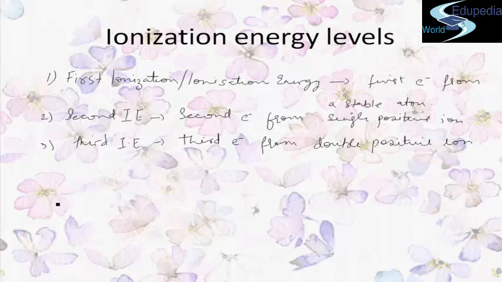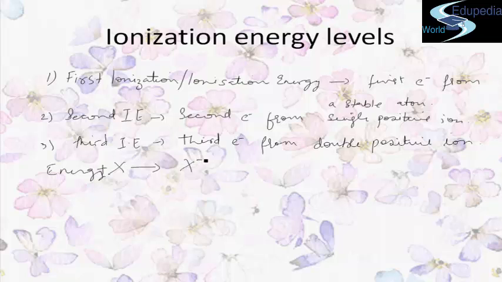Friends, I'll take an example of these ionization energy levels. We know that when we remove an electron, energy has to be added to remove the electron from a stable atom.